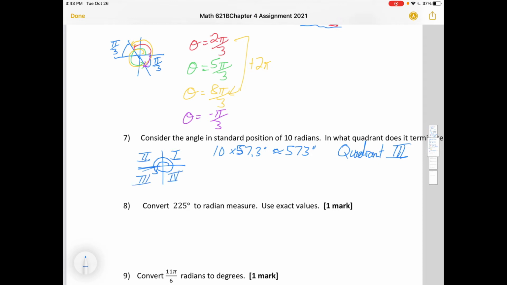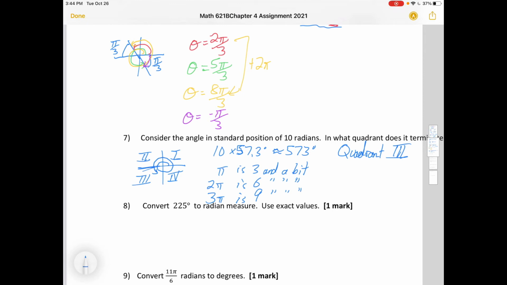Now, the other thing that you could do is think, how does 10 compare to pi? Well, pi is 3 and a bit. 2 pi is 6 and a bit. 3 pi is 9 and a bit more. Like it's about 9.42.